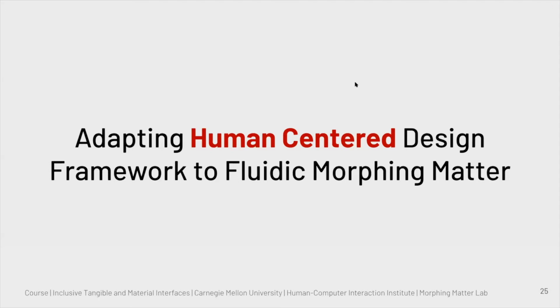Yeah, please feel free to interrupt me if you have questions. So I want to talk a little bit about adapting human-centered design framework to fluidic morphing method. Up until this point, all the techniques are not only interesting to designers or HCII folks, but also interesting to mechanical engineers.